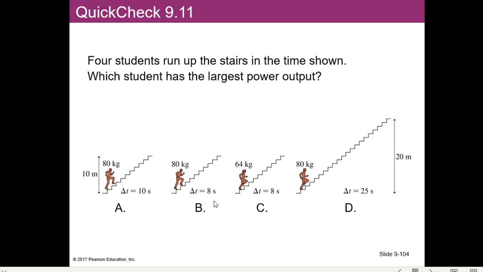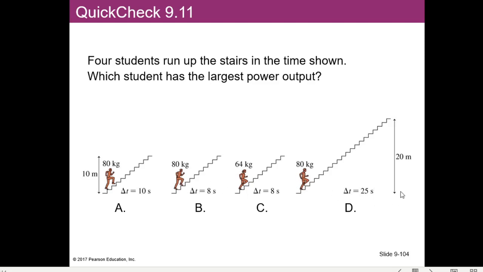Now let's compare B with C. Well, B and C have the same time, but the amount of energy in C is less than the amount in B because B has 80 kilograms and C only has 64, right? So I'm still going to say that B is bigger than C. All right, now let's compare B with D. We have the same mass as B and D, right?